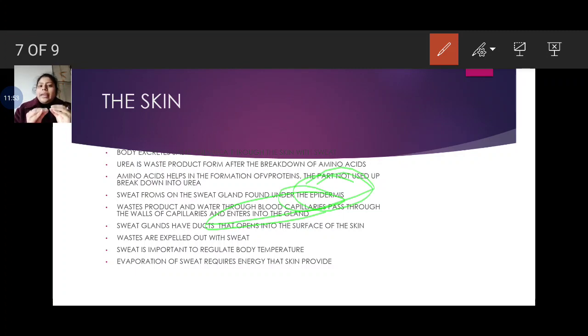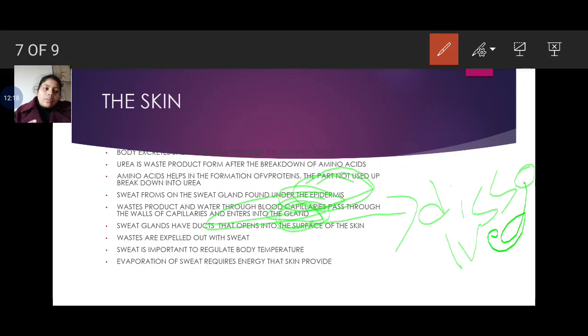The fine blood capillaries which are connected to the gland take up the excess salt and urea, and they come into the gland and get dissolved with the sweat.